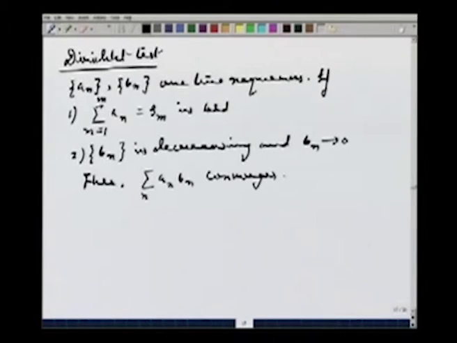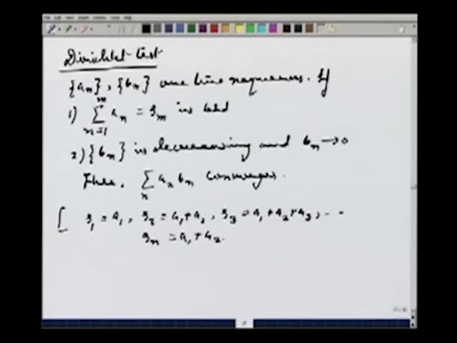Let's elaborate a bit on condition 1. What we mean is, you look at S1, which is just a1, then S2, which is a1 plus a2, then S3, that is a1 plus a2 plus a3, and so on, so that Sn equals a1 plus a2 up to an. Look at these numbers. Then these partial sums are bounded.